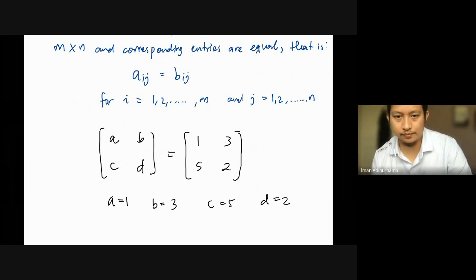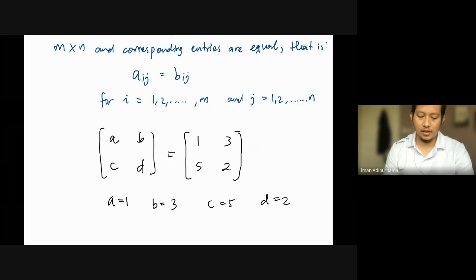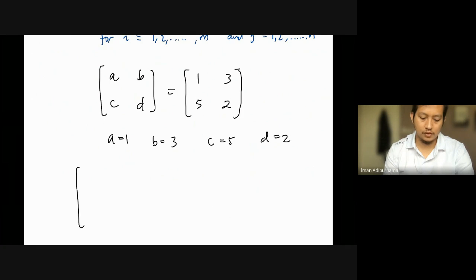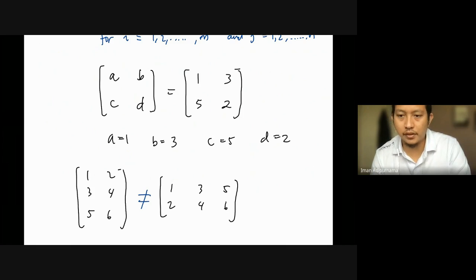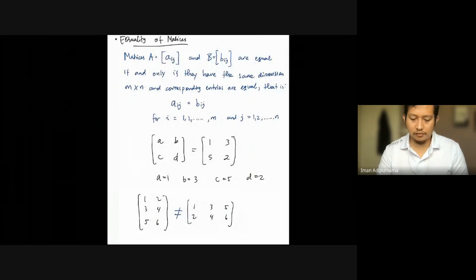I think that's just easy, right? But if we have this, it seems that it's just rotating the matrix, but this is not equal because of the different row and column. Okay, so that is the equality of matrices.